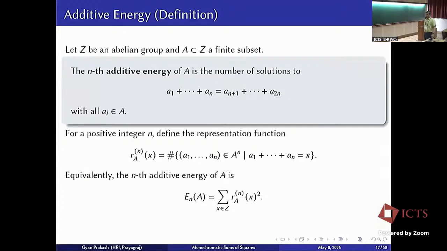The total number of solutions of this equation you can partition according to the left-hand side sum, so that is a disjoint partition. For each partition, if I fix the sum, the number of such solutions is R_{A,n}(x) squared. Therefore E_n(A) equals the summation of R_{A,n}(x) squared.